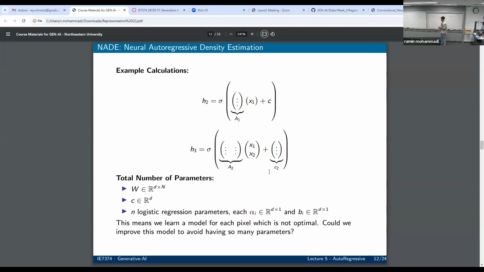So D by 2 times 2 by 1 becomes D by 1. You have plus a vector C, or a bias term, which is also going to be D by 1. So again, D by 1. Right? So all the H that are being produced have the same dimension, D by 1, no matter which position you're at. Is that clear? D is the dimension of the vector. It's a dimension you select here.